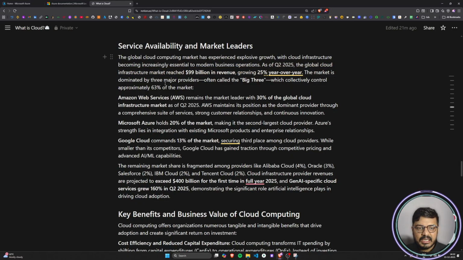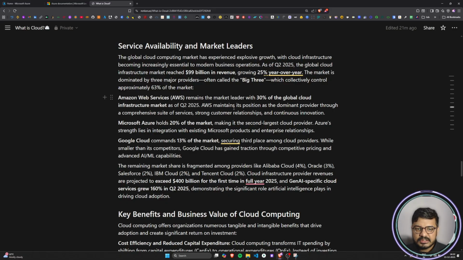The market is dominated by three major providers, that is the big three. Collectively they have 63% of market share. First one is AWS, Amazon, second is Microsoft Azure, and third one is Google Cloud. Talking about AWS, it remains the market leader with 30% of the global cloud infrastructure market as of quarter 2 2025.